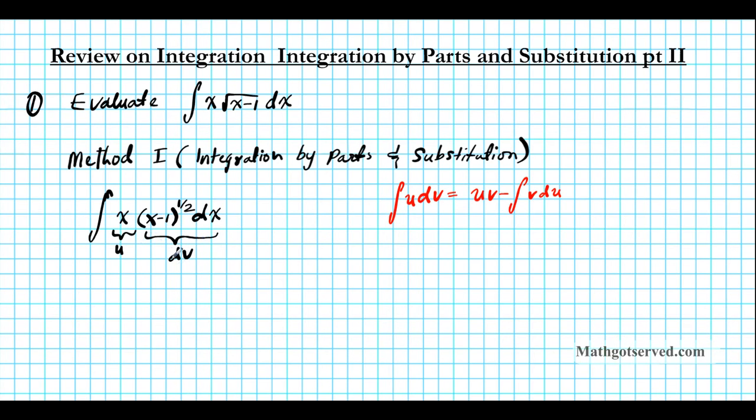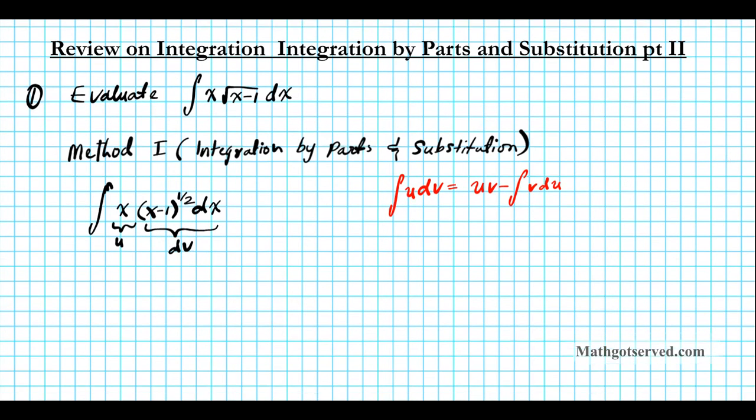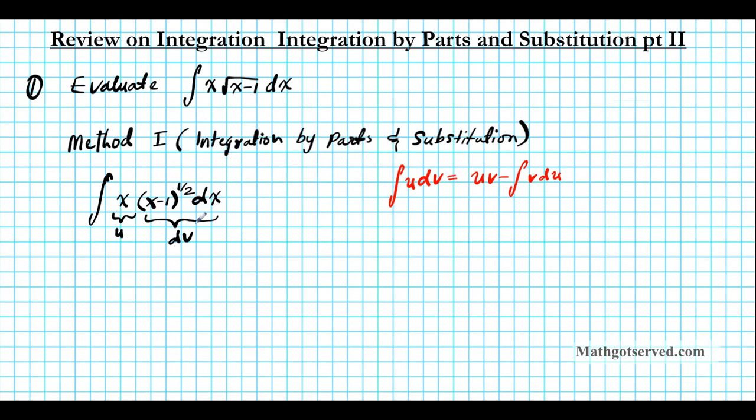So this is the best order for selection here. Another thing to note, using LIPET, these two are powers, but this has a higher power, so in most cases, the one with the fractional power should be the dv piece.